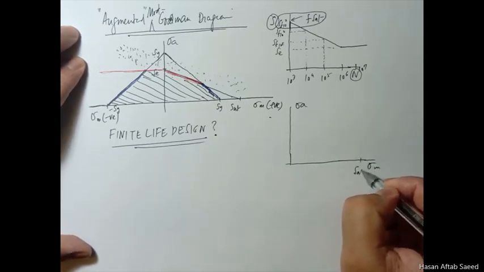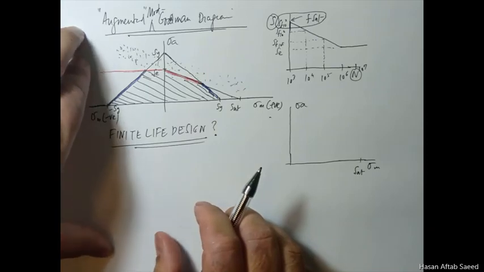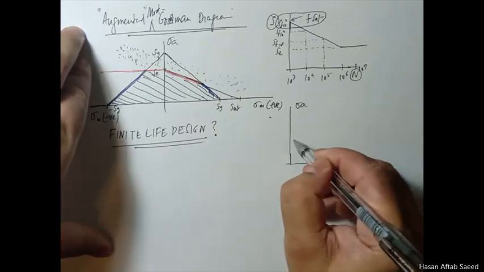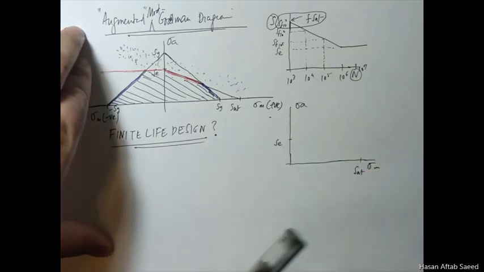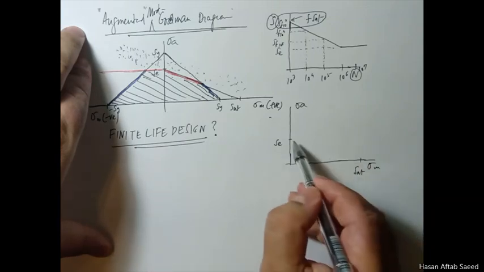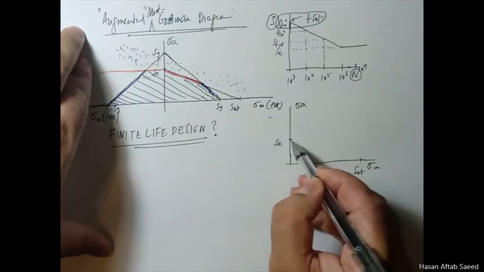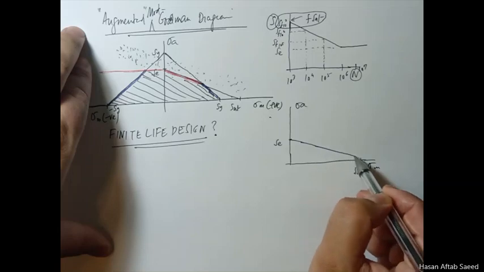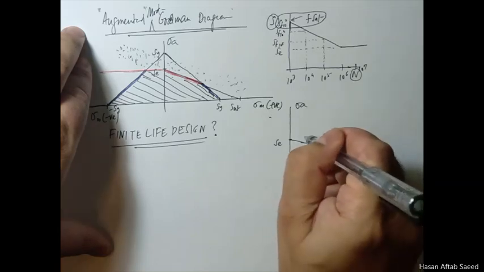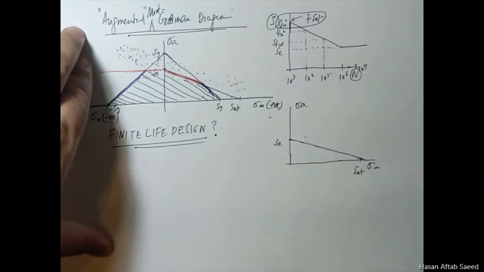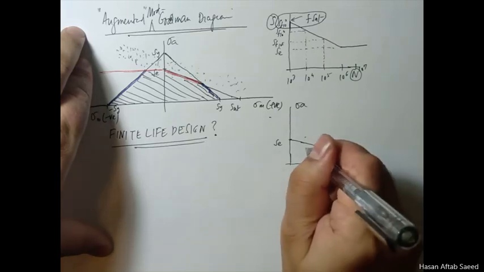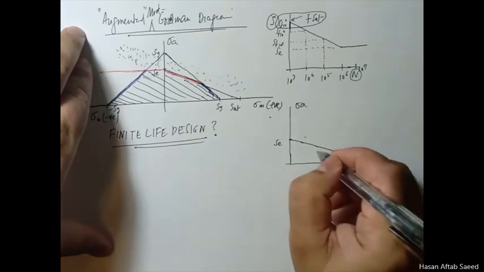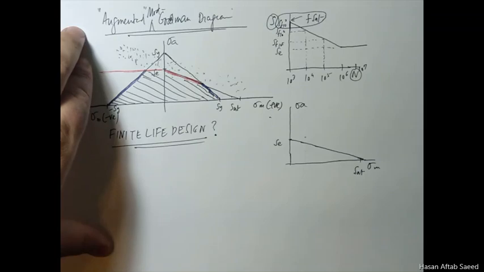I'm talking about the Goodman line. This was your SUT and this was your SE. All you did was just talk about fatigue here. Just join these. So any point that lay outside was less than infinite life. Any point that fell inside this was infinite life.